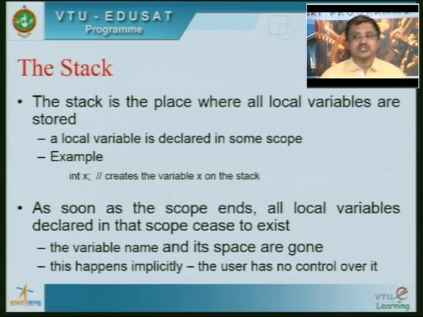This happens implicitly. All the discussions that we have made with respect to stack are transparent to the programmer. The programmer simply defines a function, writes instructions into it, and at some other place invokes that function. All these things happen internally without the programmer's knowledge. The programmer need not take any care to see that these things happen.